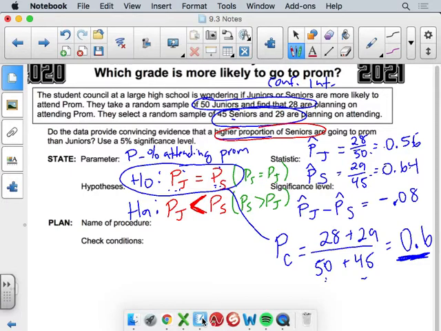This right here is what we're going to use as our assumed true proportion of juniors and proportion of seniors for this two sample stuff. So this is only for two samples. This is my sample proportions, but then this is what we're assuming is the true juniors and seniors. Otherwise we would have no value to set up for those. Okay. So, yeah, we're just going to use those.